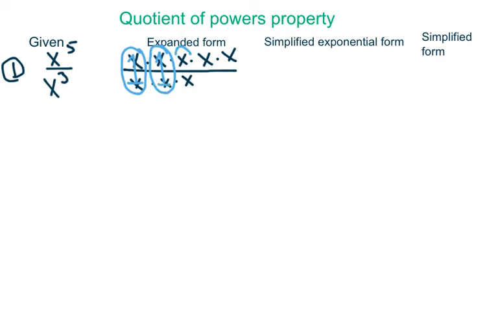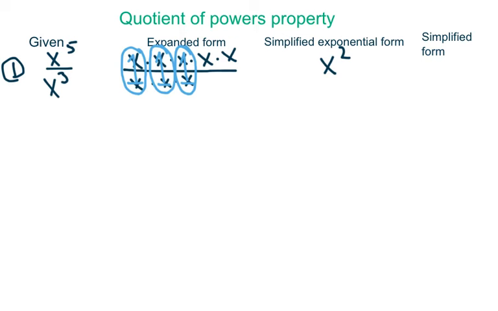And x divided by x here is equal to 1. So we really have 1 times 1 times 1 times x, which means the simplified exponential form is x to the second power. The simplified form does not apply to this question because it's just algebra.